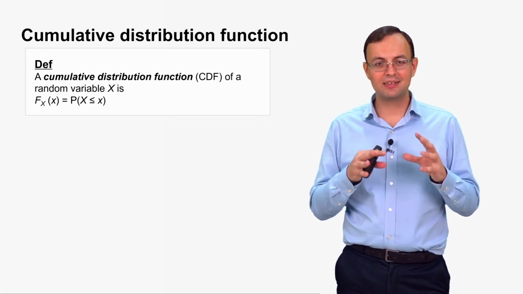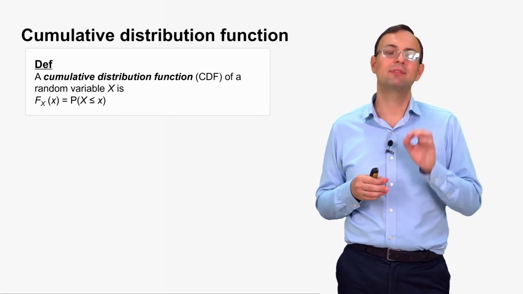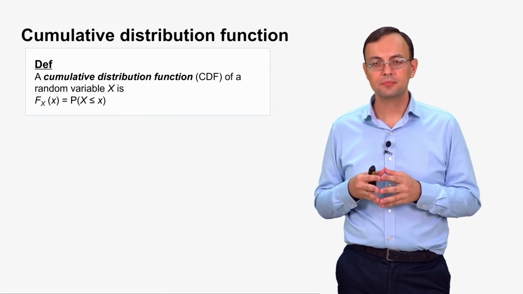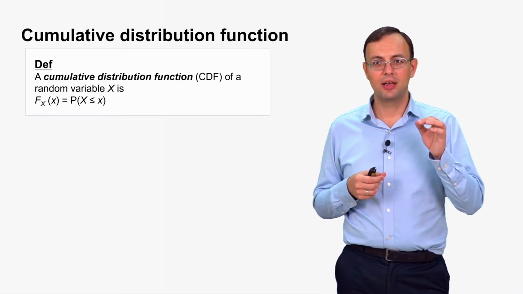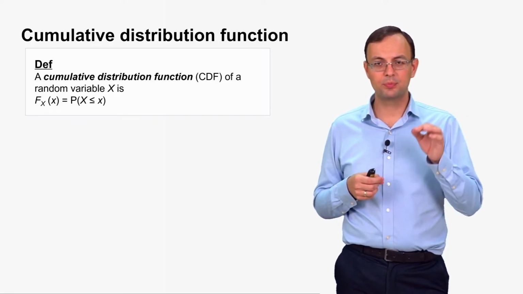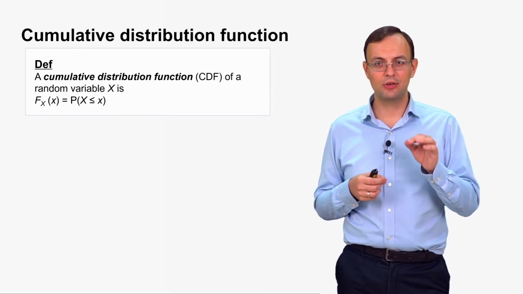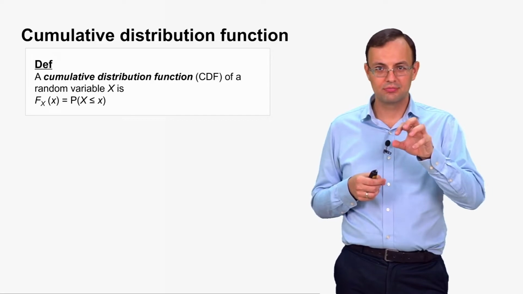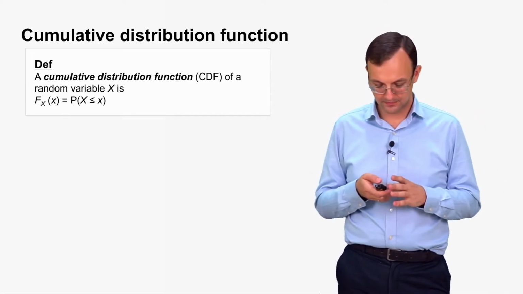Capital X is a random variable and small x is a possible value of this random variable. So in every point, CDF is equal to the probability that a random variable of our interest will take a value less or equal than this point. So left of this point if we look at the numerical axis.